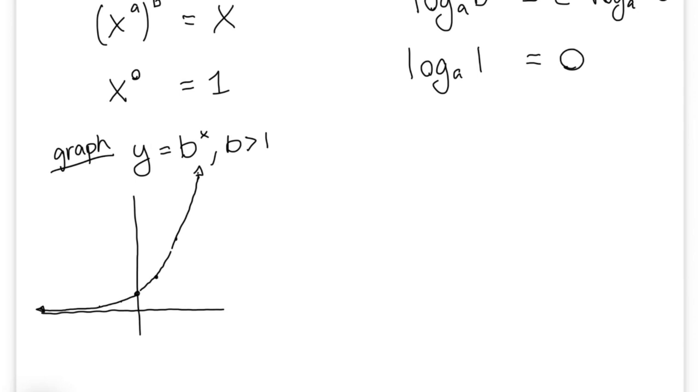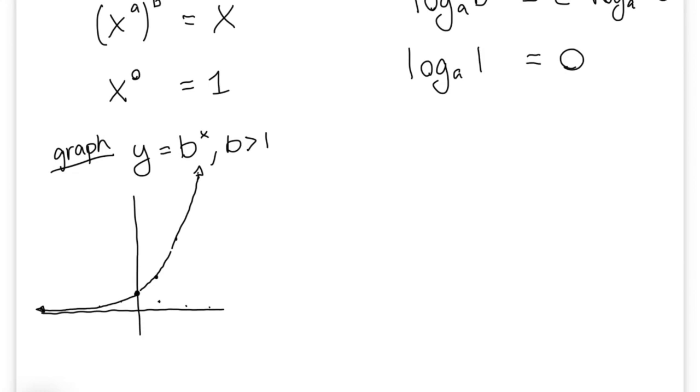Okay, now that's if b is greater than 1. If b is between 0 and 1, right? Let's say b is a half instead. It's the reciprocal of 2. Well, a half to the 0 is 1. A half to the 1 is a half. A half squared is a quarter, right? A half cubed is an eighth.